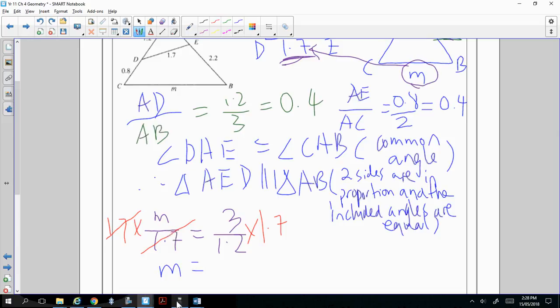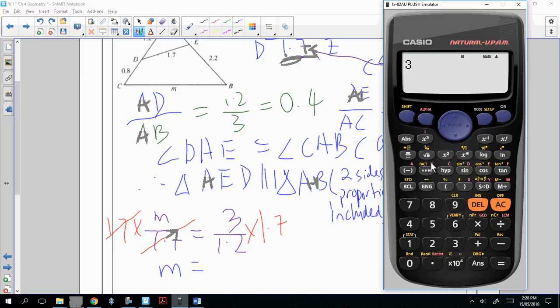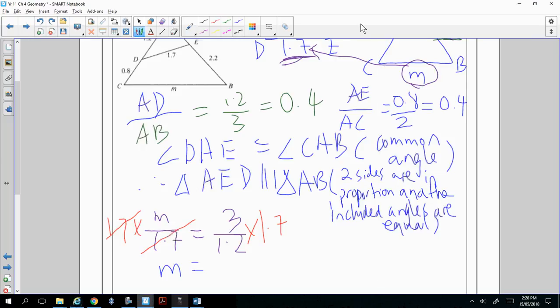Oh, exactly. You don't need to round, it's just 4.25. Done. And then you say matching sides in similar triangles. Yeah, like that. Any questions?